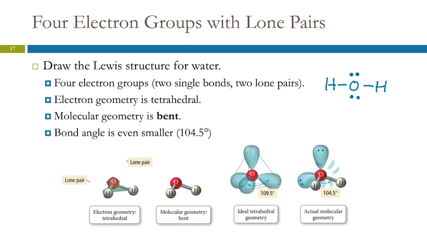It's bent. It's a bent geometry. What's the angle on that? Well, it's less than 109.5 because a perfect tetrahedron would be 109.5 degree angles. But we have 2 lone pairs, extra repulsive. And so these hydrogens are going to be closer together. They're going to be less than 109.5.